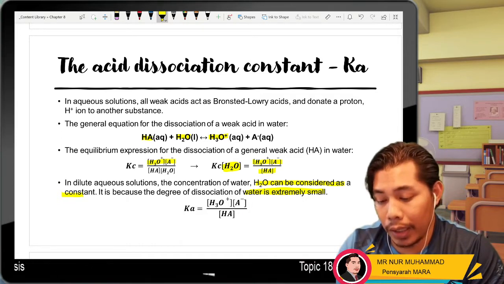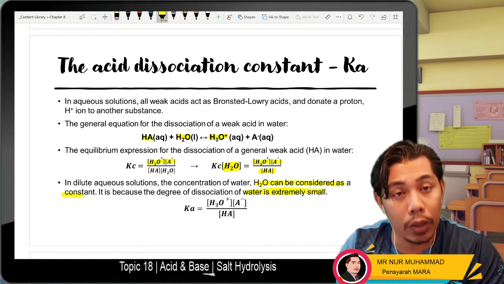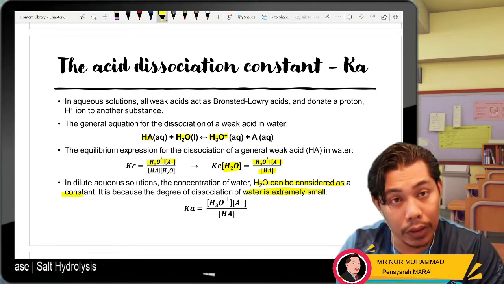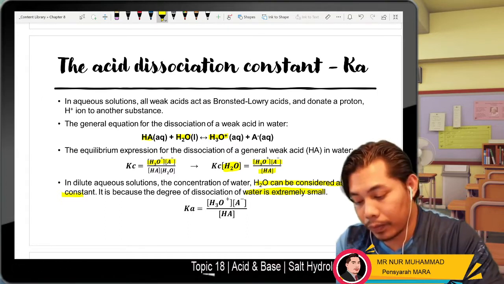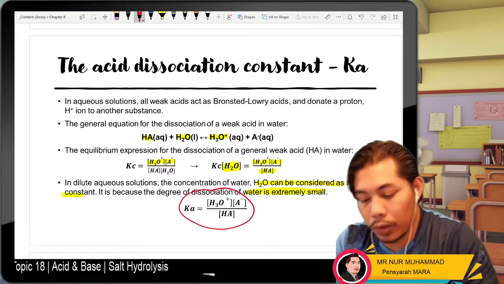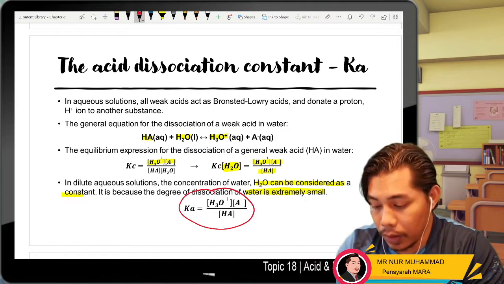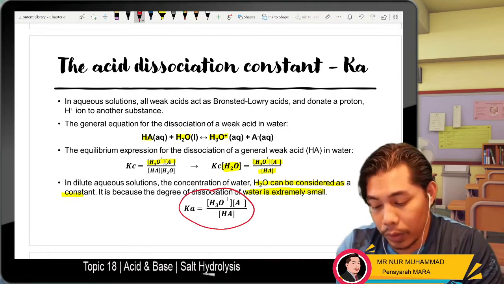That's why at room temperature, 25 degrees Celsius or 298 Kelvin, the concentration of water can be ignored. Alright class, so this is the formula for Ka, which comes from the dissociation of acid in water.